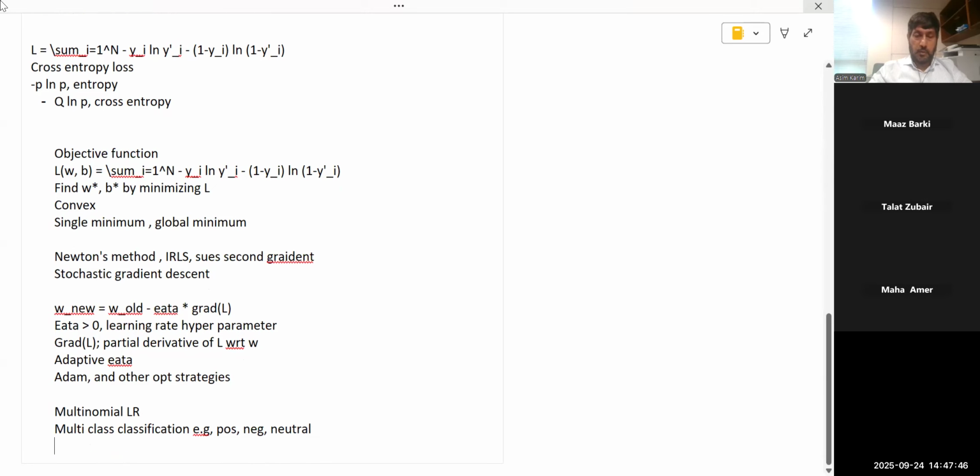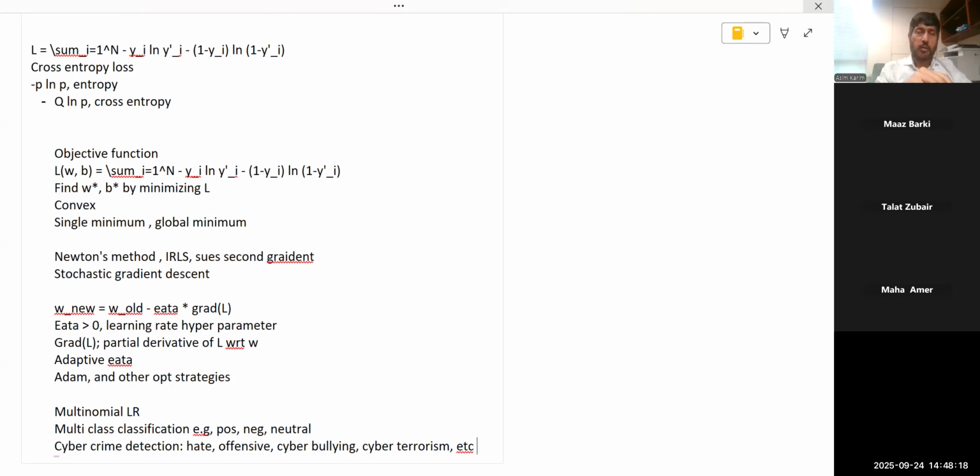For example, cyber crime detection. Cyber crime detection में your labels could be, for example, hate, offensive, I don't know, cyberbullying, and cyber terrorism, etc. So there could be various more than two classes.